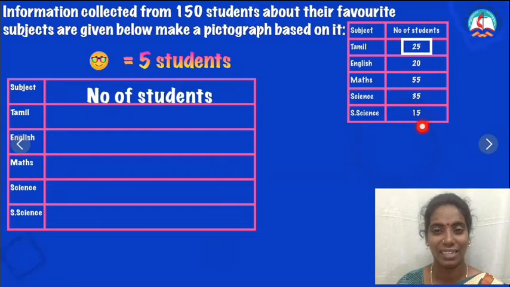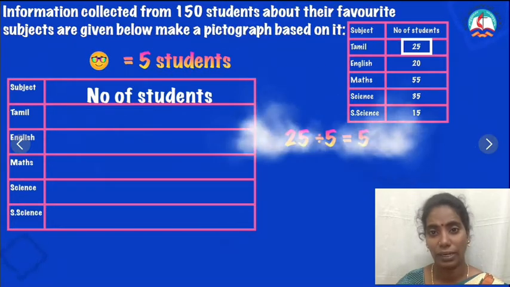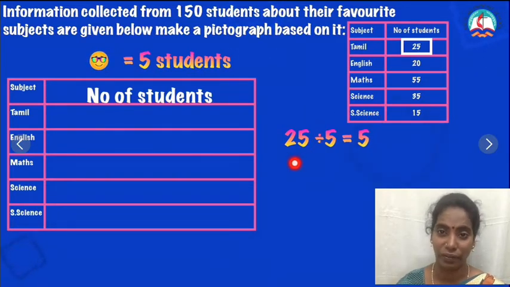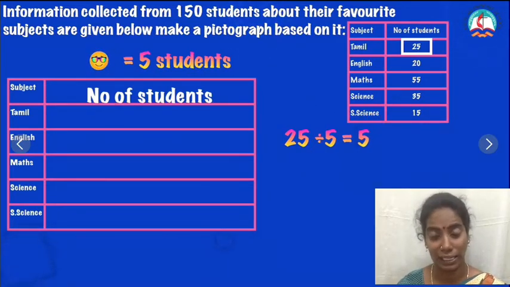Say quickly. Yes, 5. 5 fives are 25. So how many images are you going to draw now? We can't draw 25 images, so we will draw only 5 images. So the 5 images represent how many students? 25, because each image represents 5. 5 fives are 25. Again you will get the same answer.